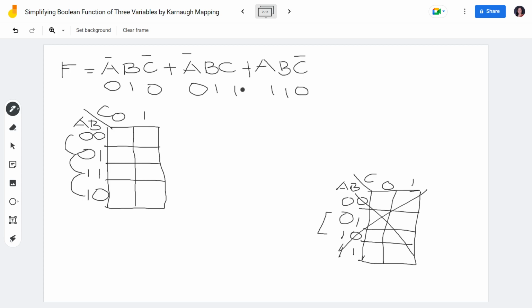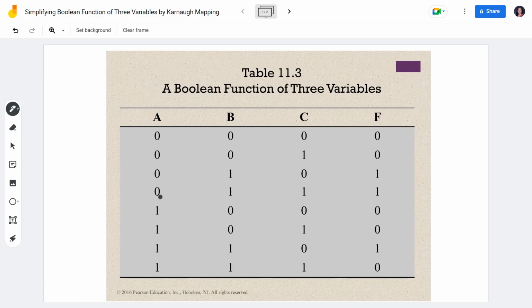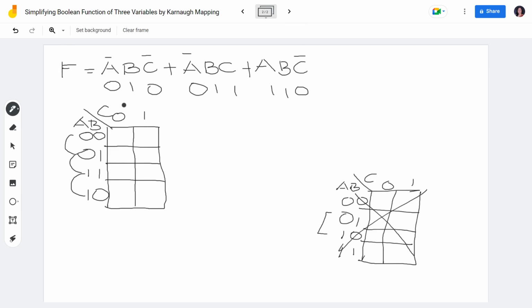Again, if you're not sure, you can check: we have 0, 1, 0, 0, 1, 1, and 1, 1, 0. You can do this, or if you're already well versed, even without the values here, you can do it. So we have not A, B, and not C, which is 0, 1, 0.